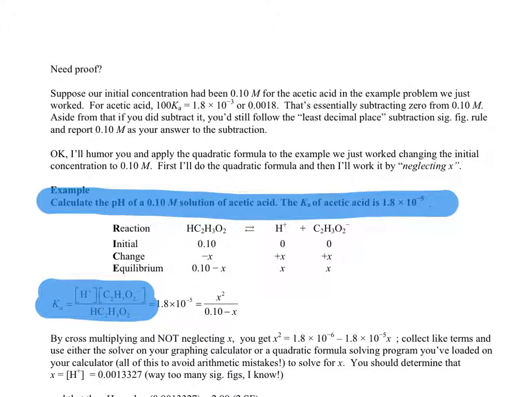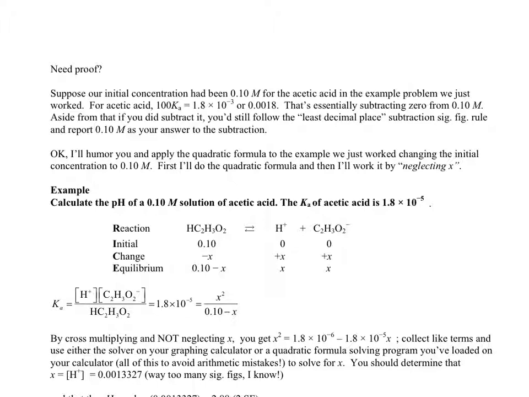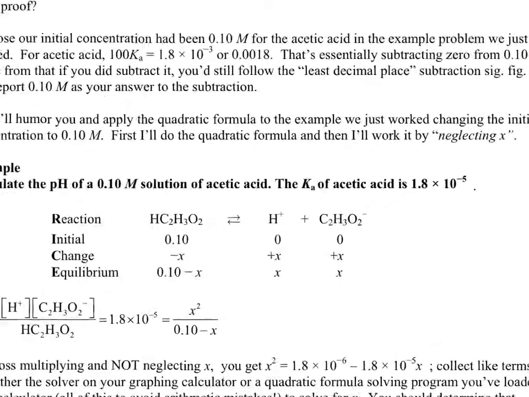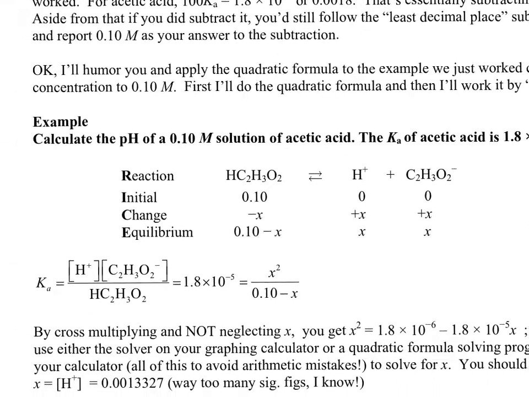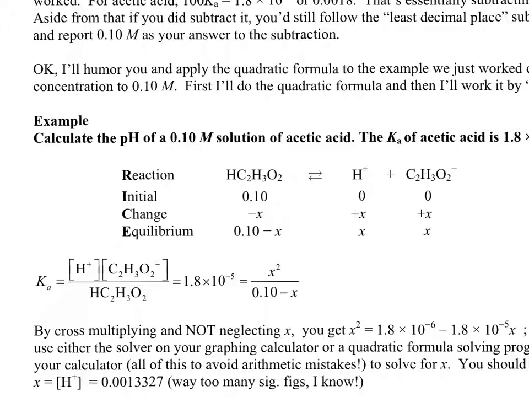So we have 1.8 times 10 to the negative 5th equals our products, x squared over our reactants, 0.1 minus x. Right? In this case, we can, let's zoom in a little bit here, we can negate this x because the initial value and the K value are different by a factor of more than 100, or 10 to the second.